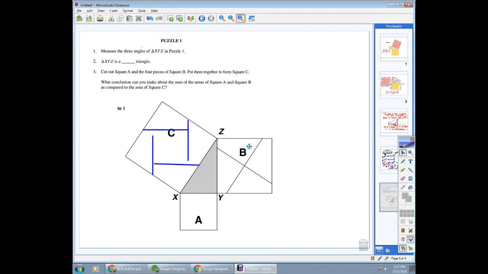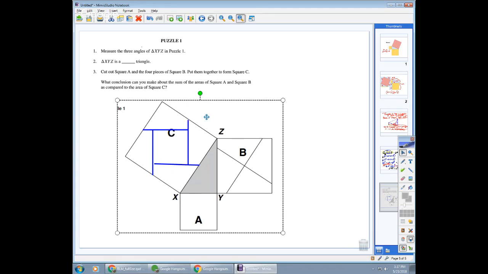And I think what should happen, I'm trying to sketch it in here, is we should get a picture that looks something like this. When we take the fragments of B and put them up in the corners, A should fit in the middle quite nicely. And so what we can do is take C and decompose it as pieces that make up all of A and B. So again, what we get is the square from A plus the square from B are exactly the same area as the square from C by that rearrangement.